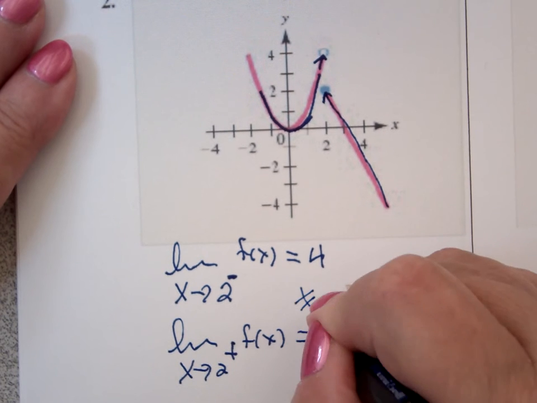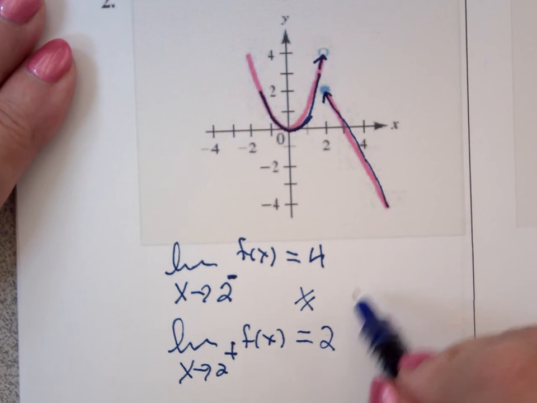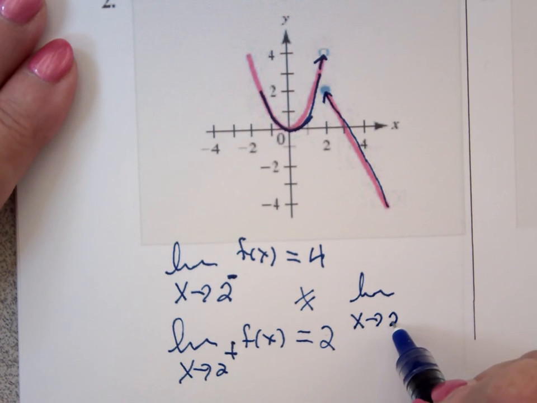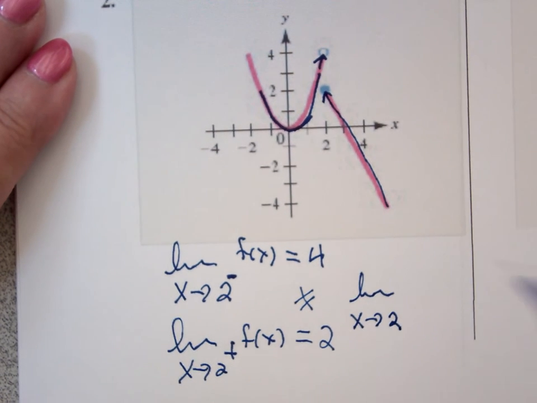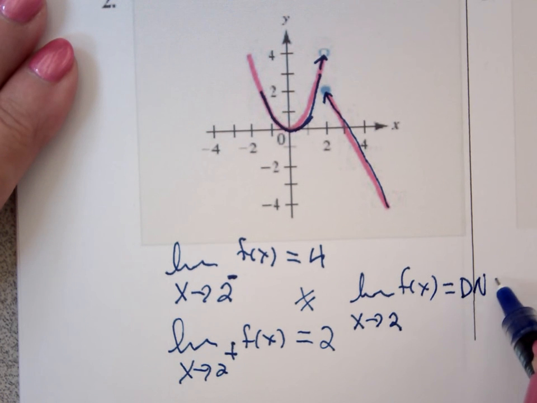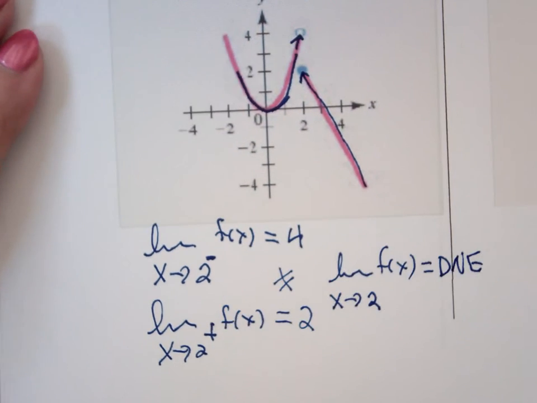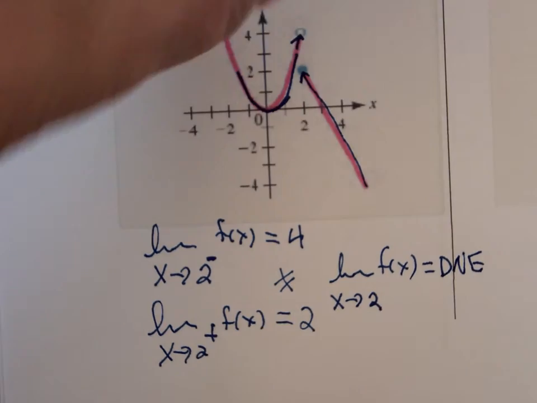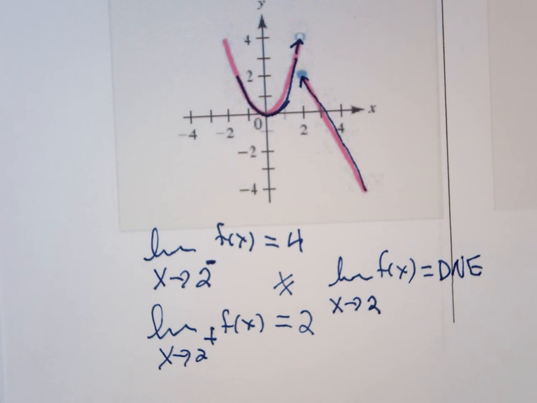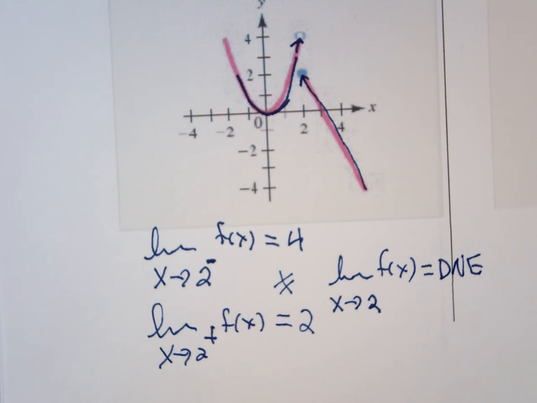Since these two are not equal, this says that the limit as x approaches 2, period, of f of x does not exist. Why? Because Howard's up here, Harriet's down there. Do they meet? No. They don't meet.